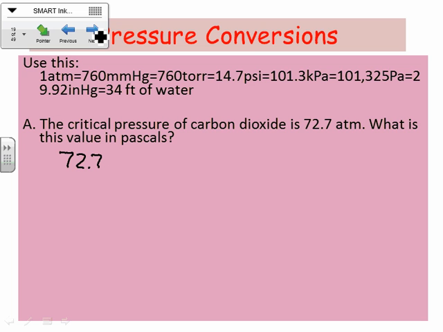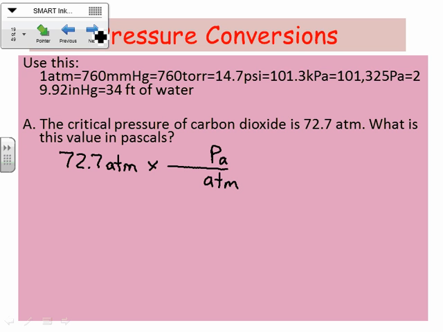We're going to start with 72.7 atmospheres, because that's what they give us in the problem. We're trying to convert this to pascals, right? So I'm going to put atmospheres on the bottom. I'm going to put pascals on the top. Now the good news for you guys is these are all one-step conversions.